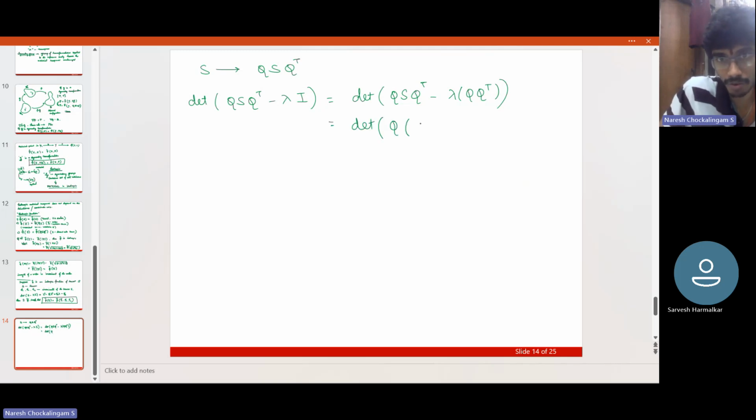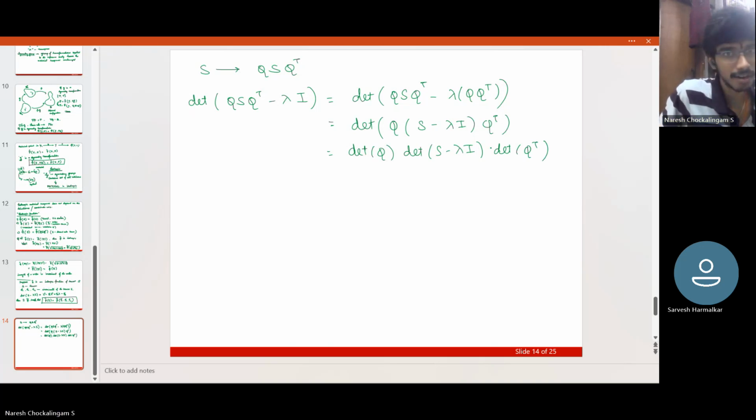So this is determinant of Q, determinant of S minus lambda I, determinant of Q transpose. But Q is a rotation matrix, and rotation matrices have determinant 1. And transpose doesn't affect the determinant, so that is also 1.